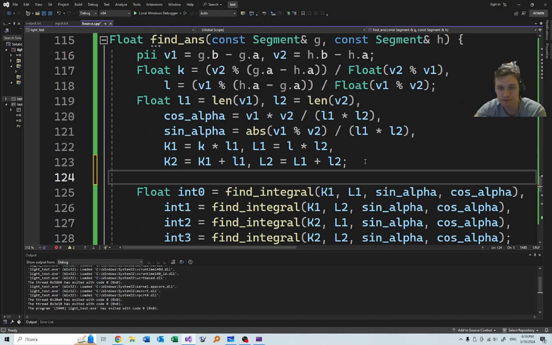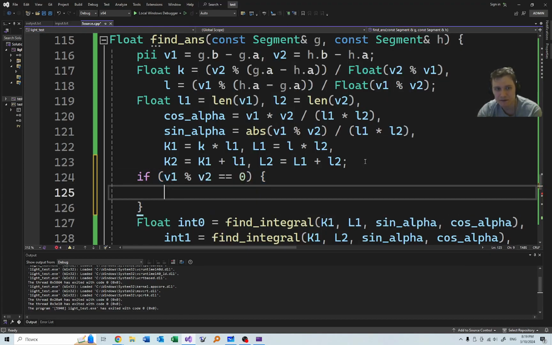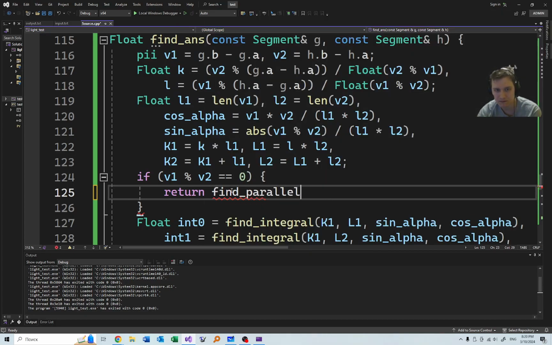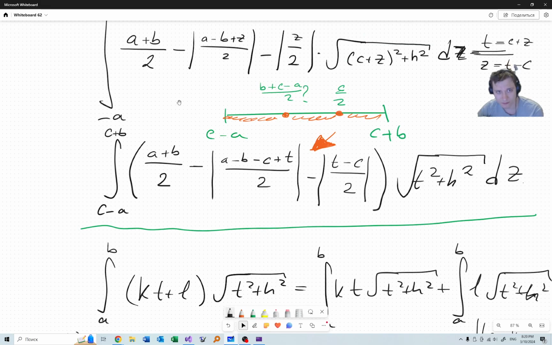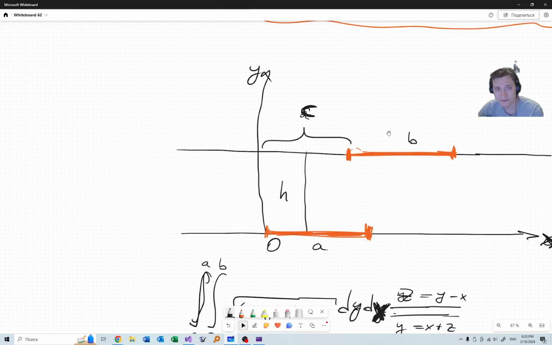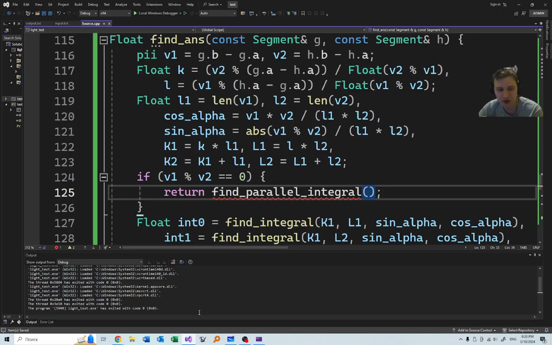Okay, let's go. So if v1 times v2 equals 0, then we need to make a parallel integral. So, which parameters do we need? We need several parameters. We need A, B, C, H. Okay?